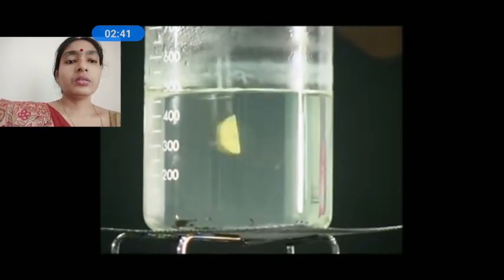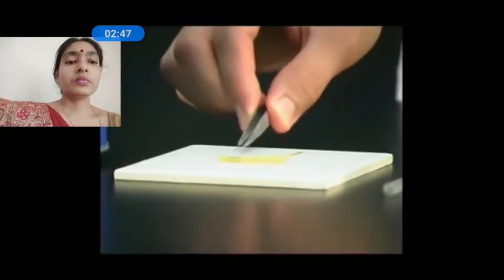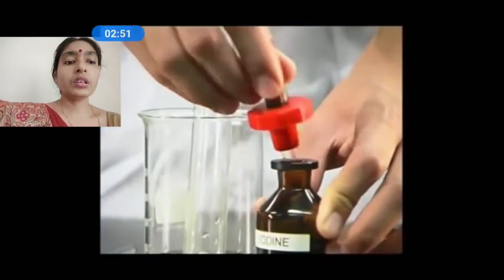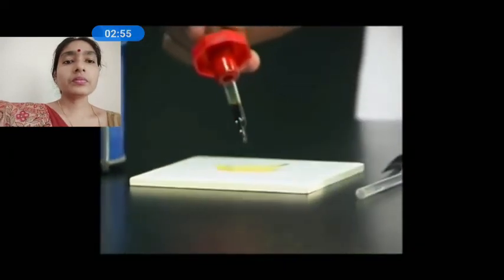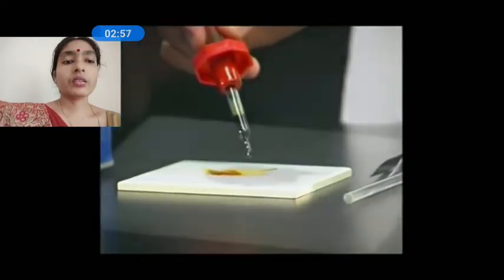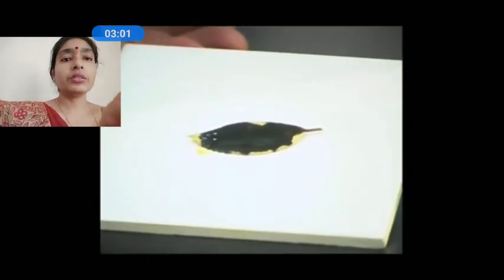Then we will keep this leaf on a watch glass and apply a few drops of iodine. So you can see the change in the color of the leaf.